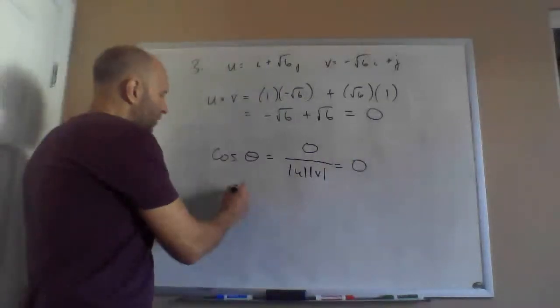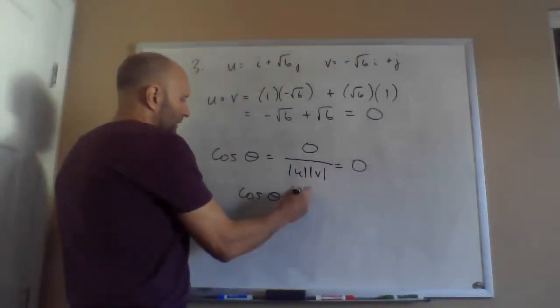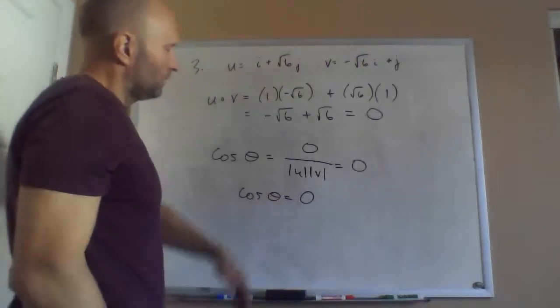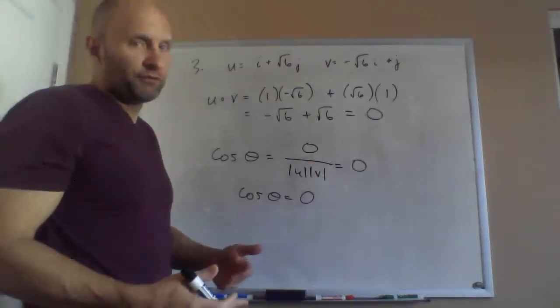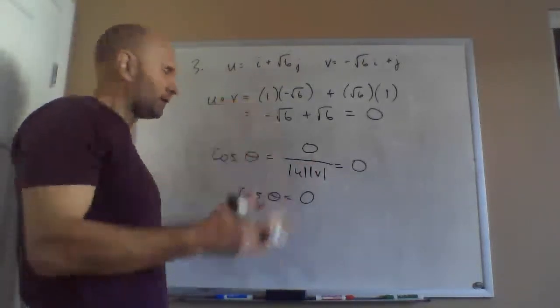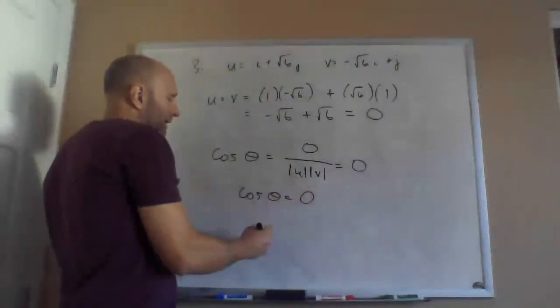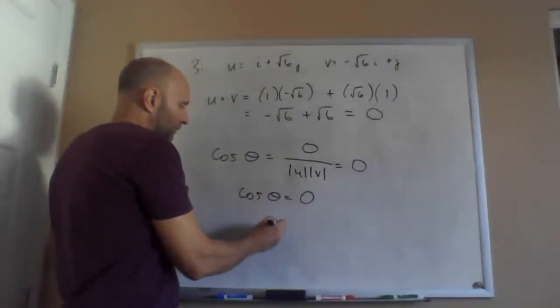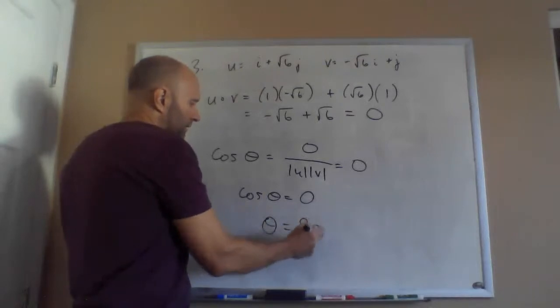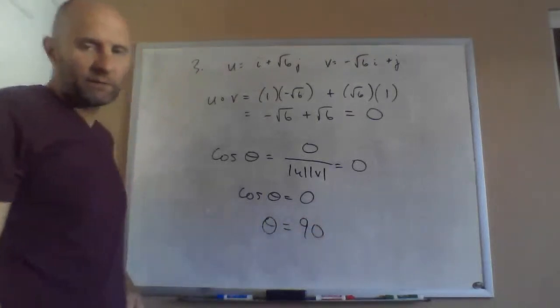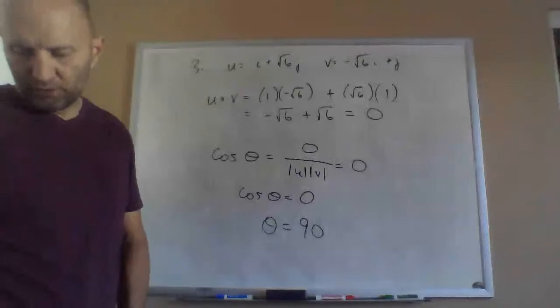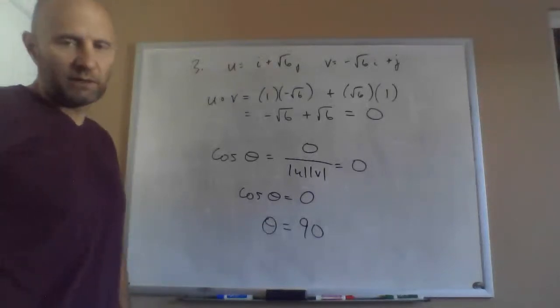So basically, cosine of theta is equal to 0. So where on the top half of the circle, or where between 0 and 180 degrees, is cosine of theta equal to 0? That's when theta is 90 degrees. So part B for this would then be 90 degrees.